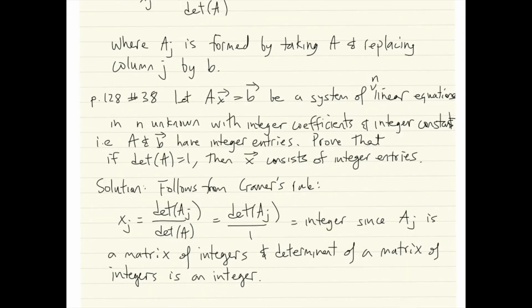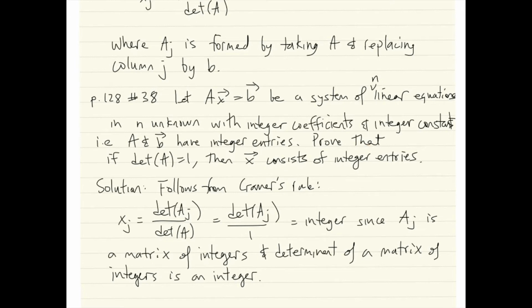Here's a problem that uses Cramer's rule but is not a computational problem. Let Ax equals B be a system of n linear equations in n unknowns. The unknowns are tied up in this column vector x. Suppose it has integer coefficients, so the matrix A is made out of integer entries, and also integer constants, so the vector B is made out of integers.